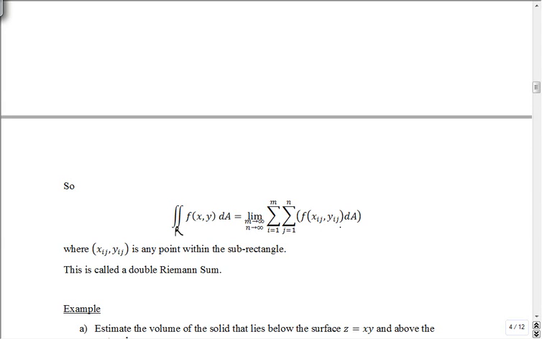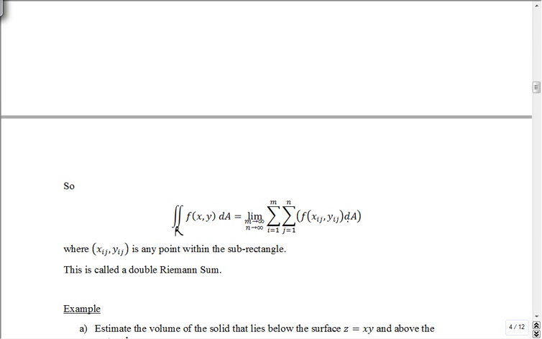So here, f of x_ij y_ij, you remember we chose a point earlier on within the interval. So this is the point within the rectangle.